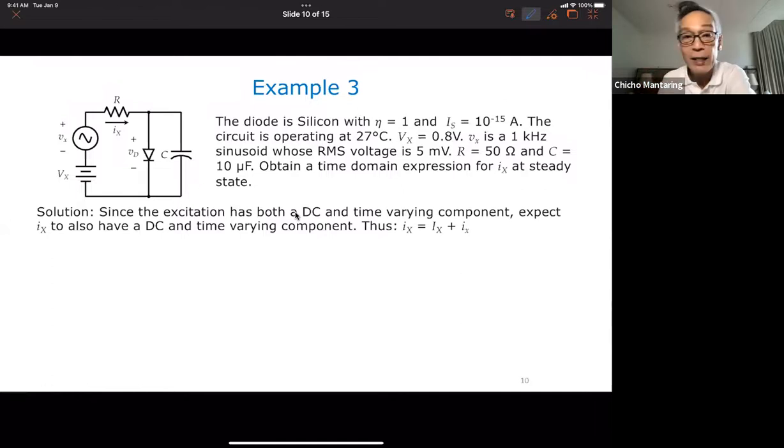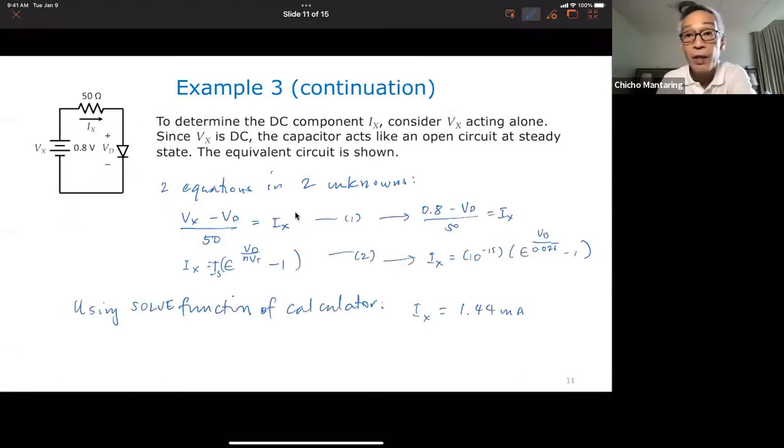It just so happened that in the analysis of the time varying component, you had to use phasors. That's something you're not going to encounter very often in this course. It's just for this particular problem.